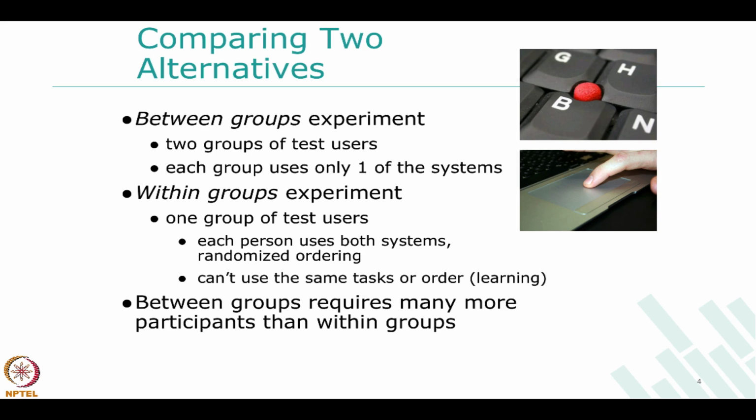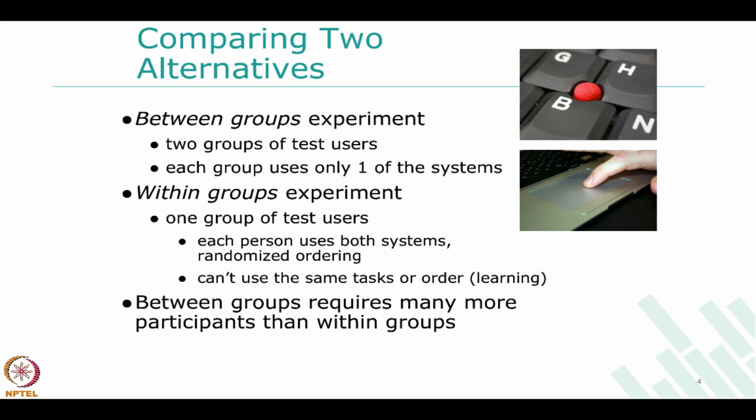So this slide we have seen in the past. The reason why the slide is back here is that it is looking at the two different types of study designs that one could have, between groups and within groups. Between groups is the one where two groups of test users are kept, and each user gets one of the systems.